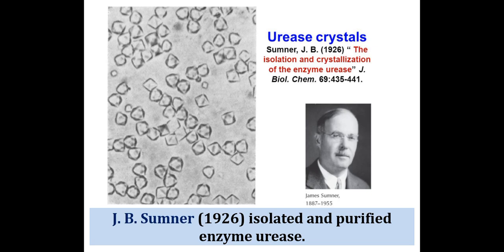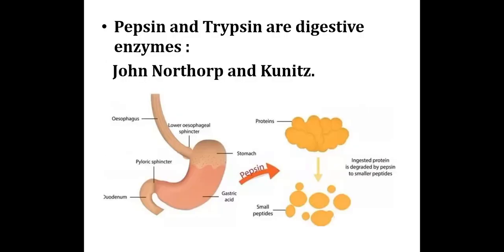J.B. Sumner first isolated and purified crystals of the enzyme urease. These are the crystals, and this discovery is remarkable in enzymology.